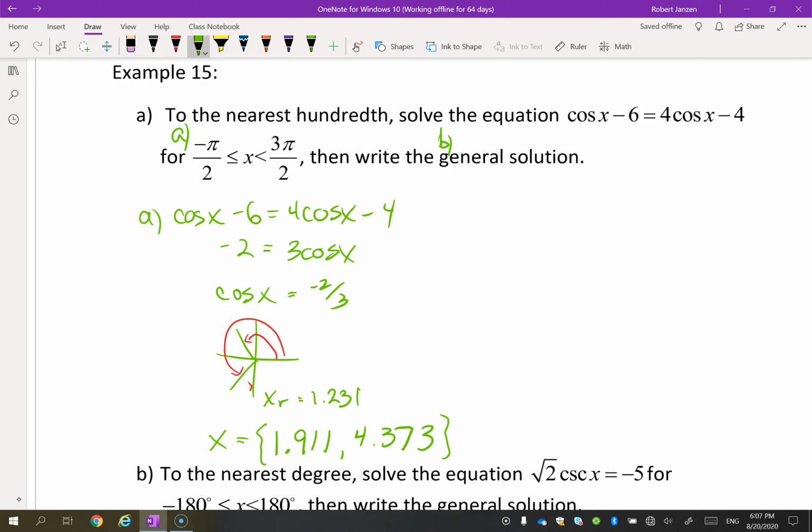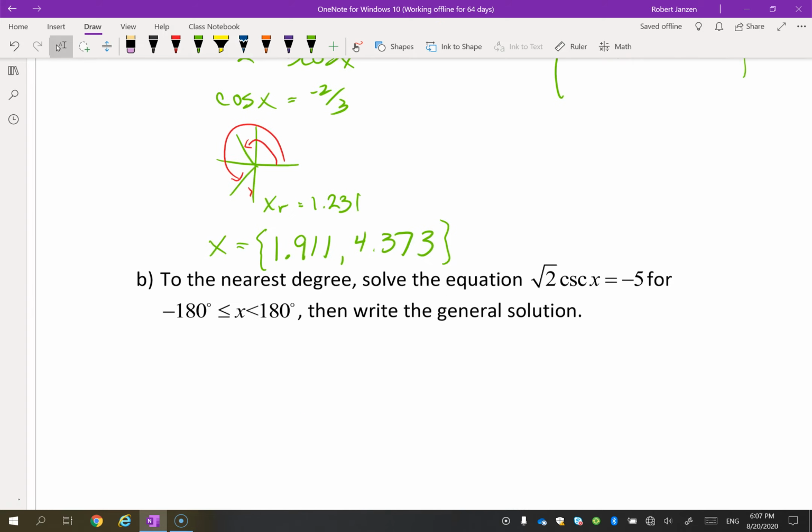Looking at the general solution, all I need to do is take those two answers and add 2k pi to them. Really nothing different here.